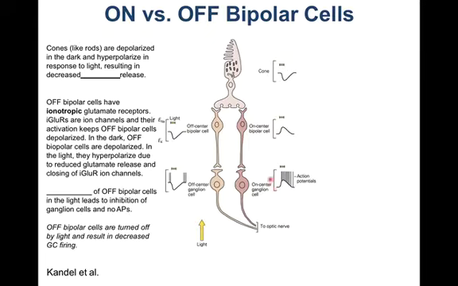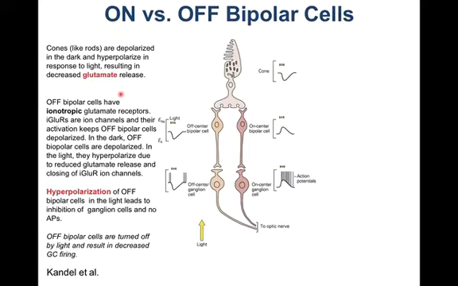So for an off bipolar cell, now we're looking at the left side of this diagram, and the story starts the same way. Cones, rods, photoreceptors always are depolarized in the dark and always hyperpolarized in response to light, resulting in a decrease in glutamate release.